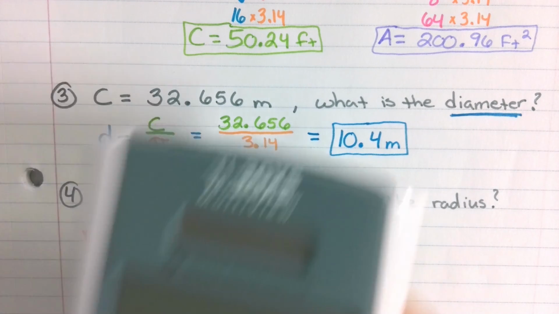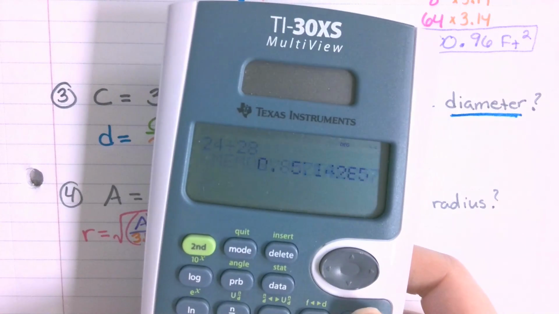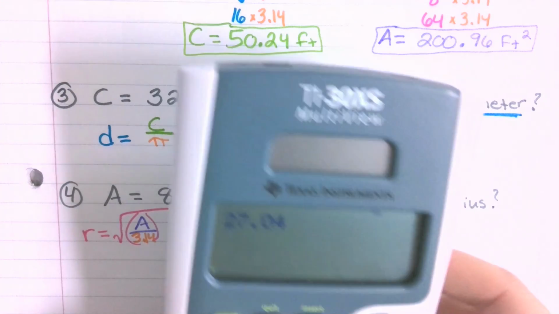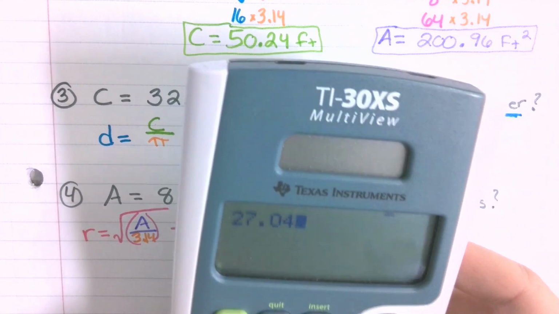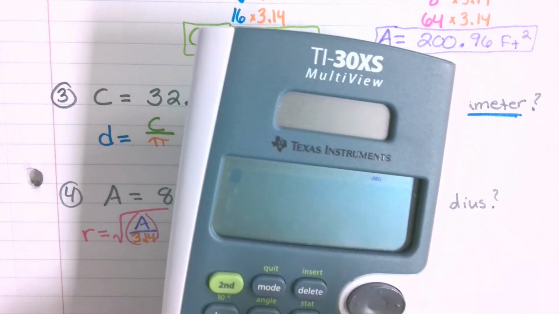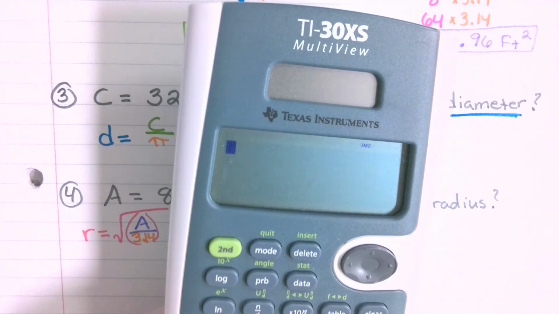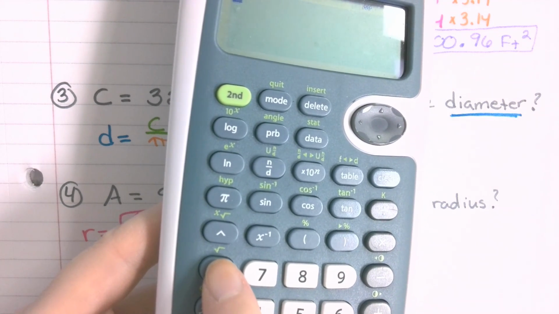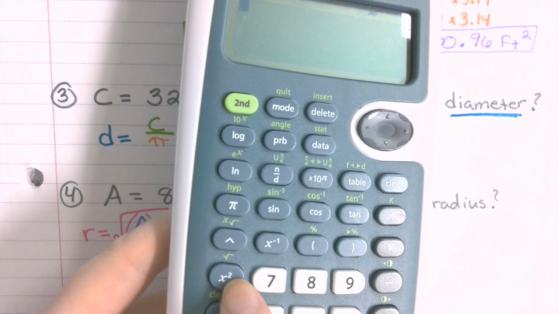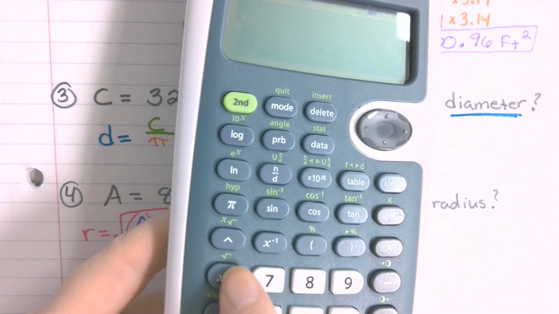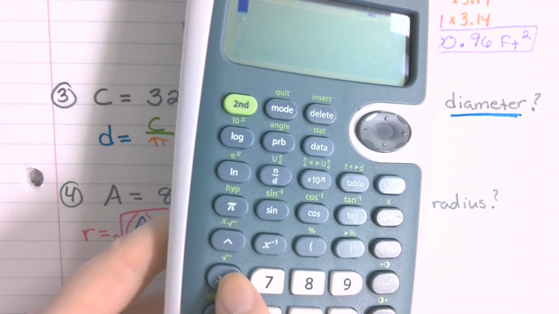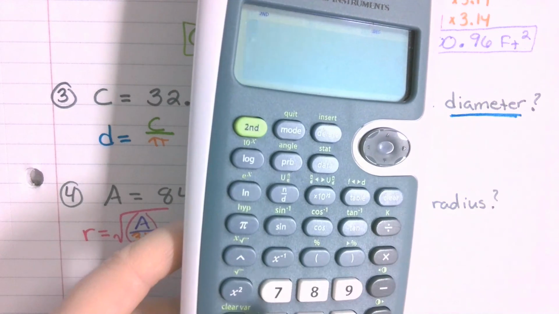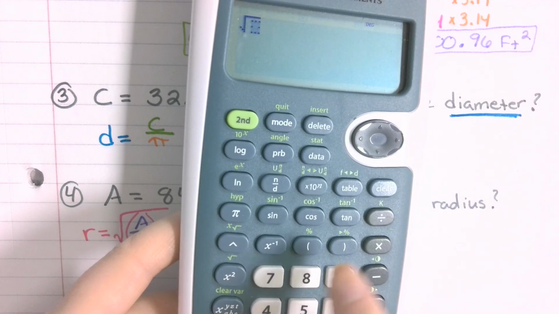Now, the square root symbol, for those of you who don't know where it is on your calculator. If I take 27.04 and I want to take the square root of it, I first need to clear that information, and your square root button is right above the x squared button in green. So if it's above the x squared button in green, what do I have to press to get to that green? You have to hit the second button. Good. So we're going to hit second, and then that x squared button.